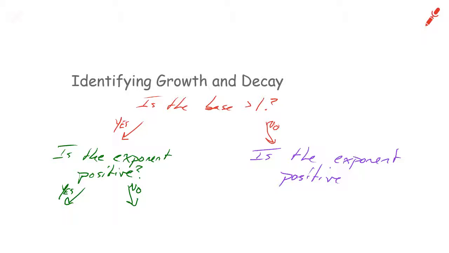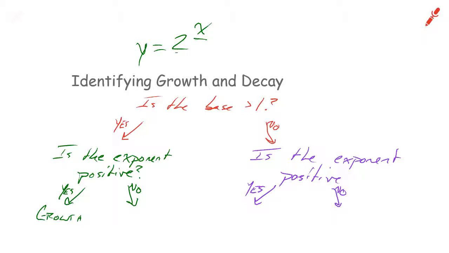Now, here's where it gets kind of weird. You have to ask yourself, how does this work? Well, if the base is greater than 1 and the exponent is positive, that means as my x gets bigger, my value gets bigger. So we call that growth. And this makes sense. If I have 2 to the x, my base is bigger than 1 and my exponent is positive.